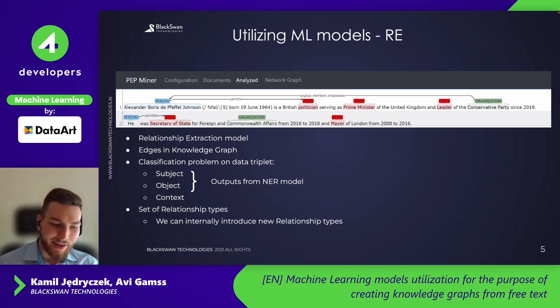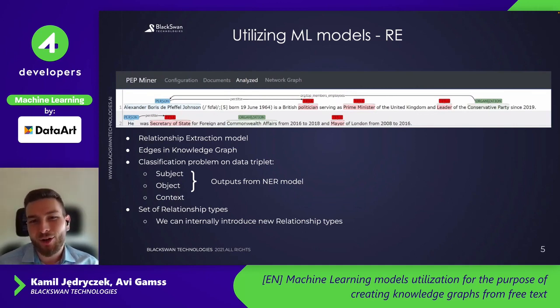But here, input data are a little bit more complicated than in the case of the NER model, because you don't only provide a free text. By the way, we are naming this a context in such a situation, but you always need to provide subject and object, so the entities. But as you may guess, we already have that, because those are the entities that we already recognized during the named entity recognition phase, right?